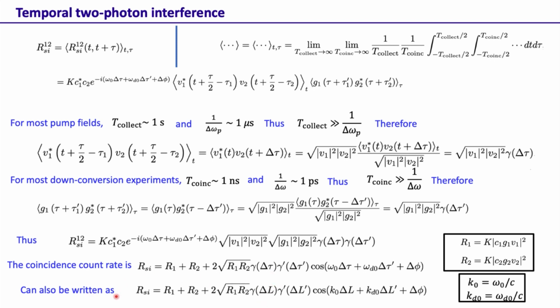So we see that this coincidence count rate is written in terms of these length parameters delta L and delta L prime. And although we had 6 different length parameters, LS1, LI1, LP1, LS2, LI2, LP2, what we see that only two length parameters are what's appearing in the final equation. This is pretty much same as what we have in the Michelson or temporal interference, in which only the difference of the time parameters or the distances traveled, delta L or delta tau, is what shows up in the expression for interference intensity.